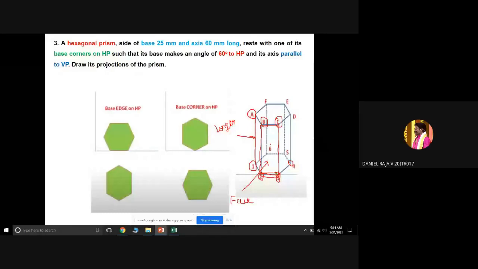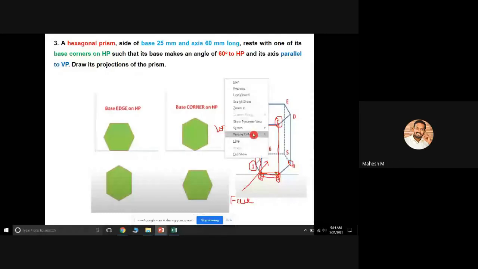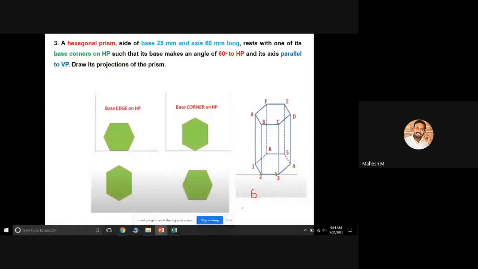Six, sir. 6 faces. Okay. So if it is a hexagonal prism, you will have 6 rectangular faces and 6 longer edges. If it is a pentagonal prism, you will have 5 rectangular faces and 5 longer edges.